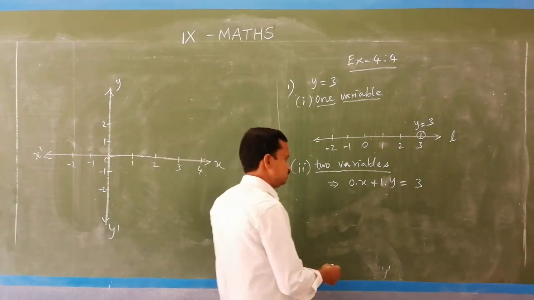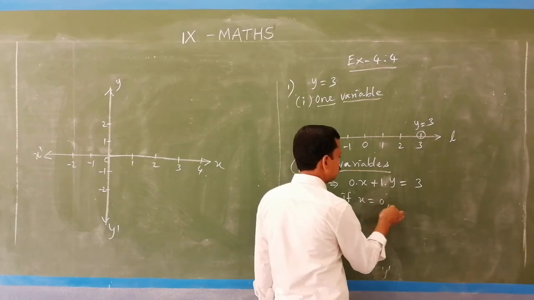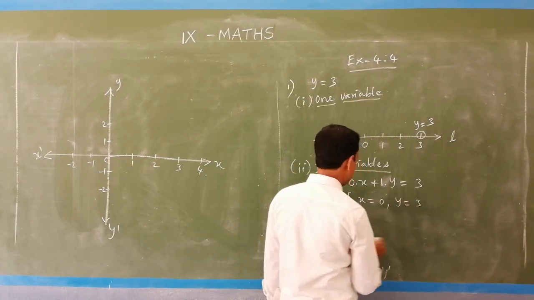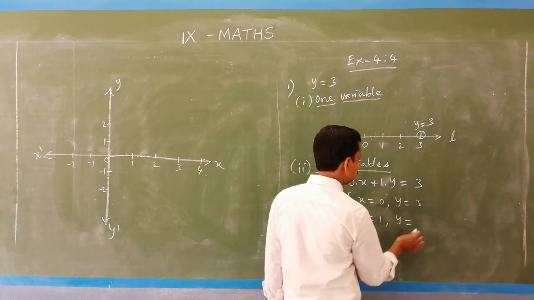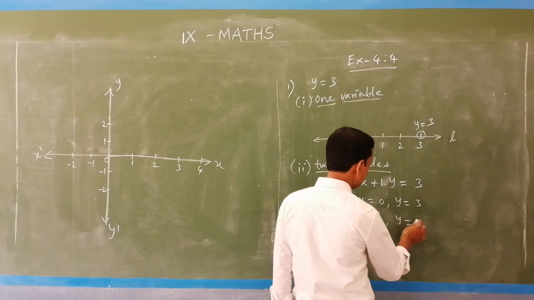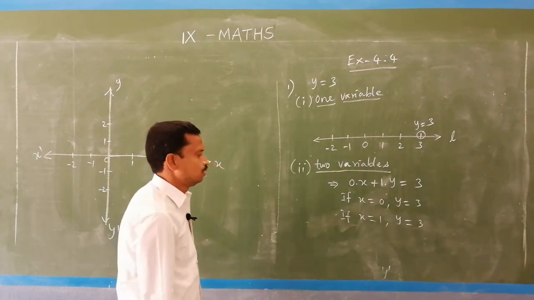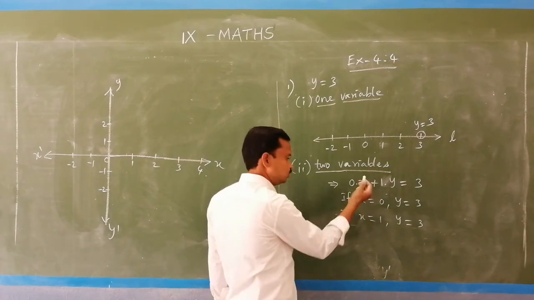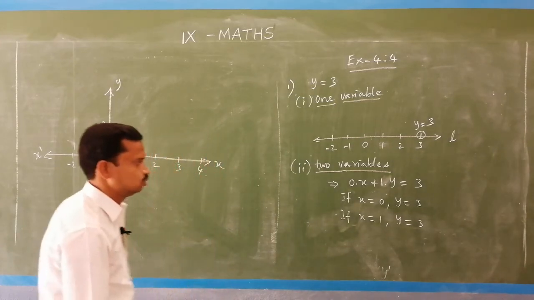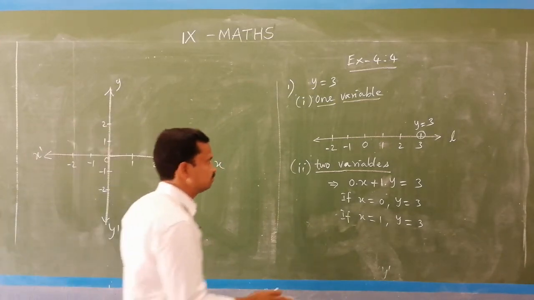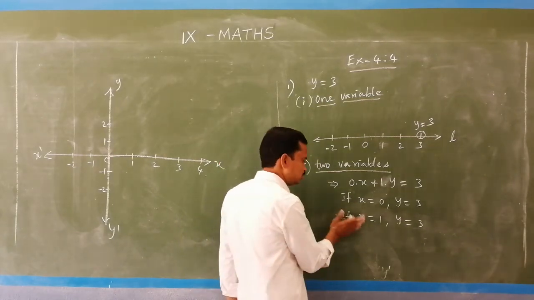So, here you have to find the value. If x is 0, y becomes 3. If x is 1, y becomes what? 3 only. Am I right? So, 1, 0 into 1, 0, and then again y becomes 3 only. So, y is always 3, that you know, in this form, because the given equation itself is y equal to 3, there is no x, but you have to write like this.